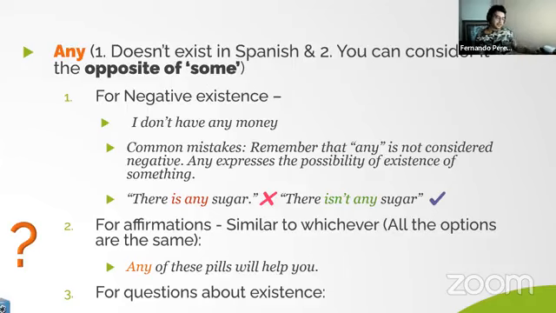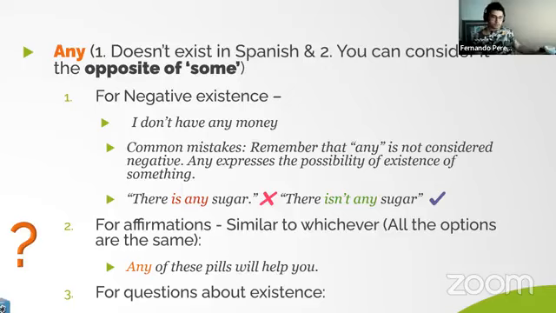Okay, any doesn't exist in Spanish. You can consider it the opposite of some. Number 1, for negative existence: I don't have any money.